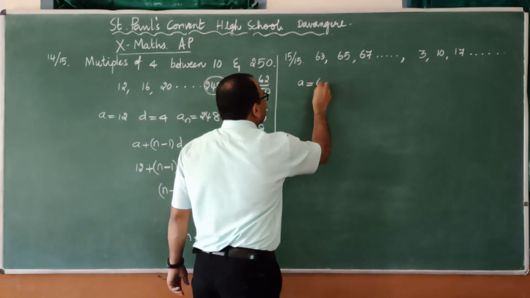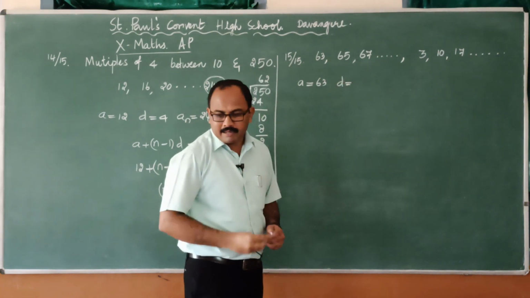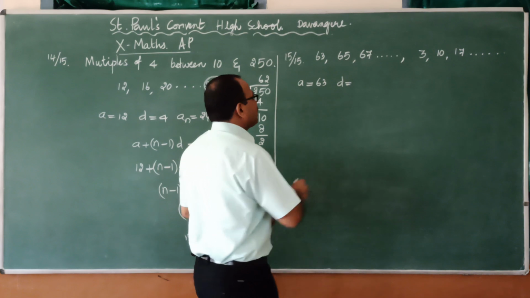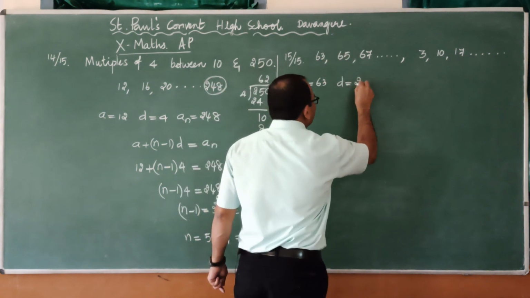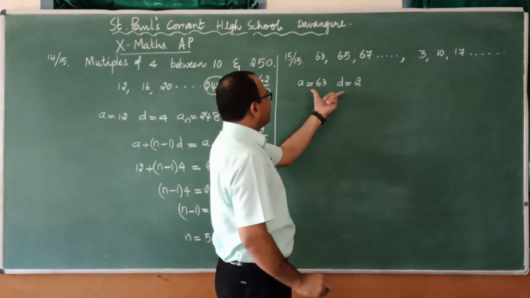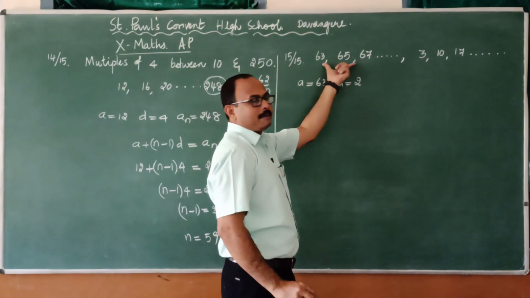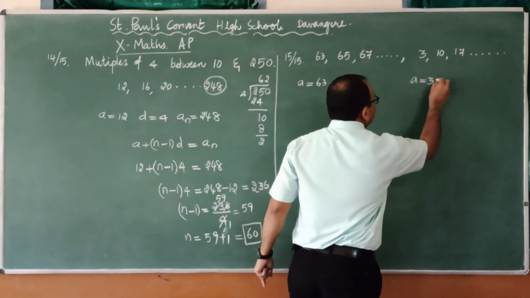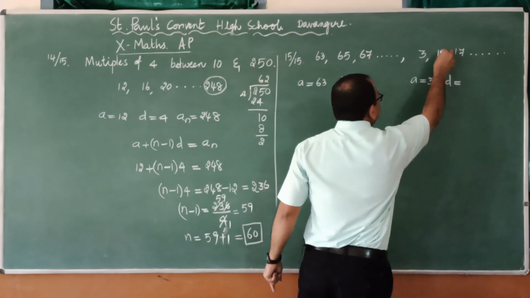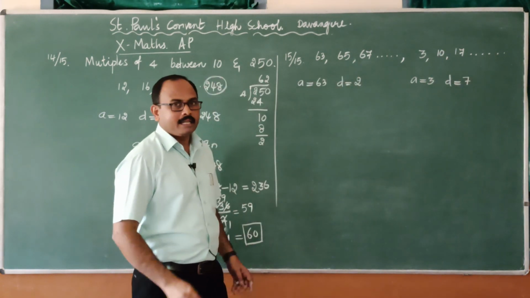In this, a is equal to 63 and d is equal to, calculate carefully children, 65 minus 63 becomes 2, children. Okay, this is the first term and the common difference of the first AP. In this, the first term becomes 3, common difference becomes 10 minus 3, which is 7.